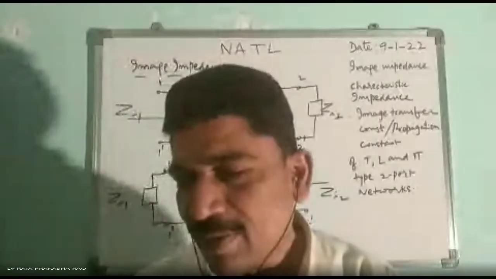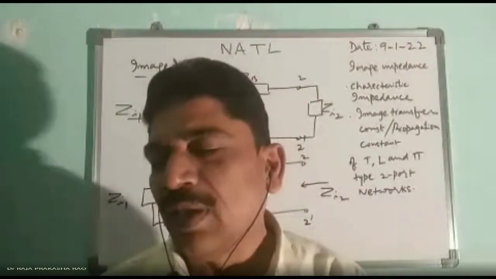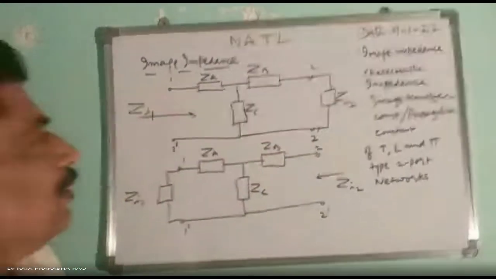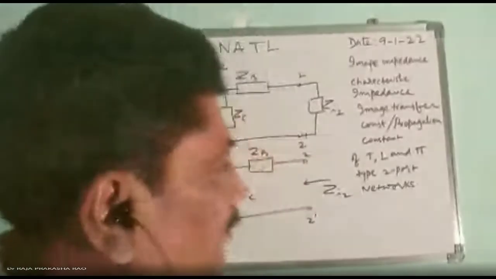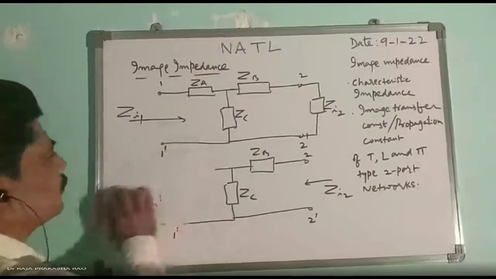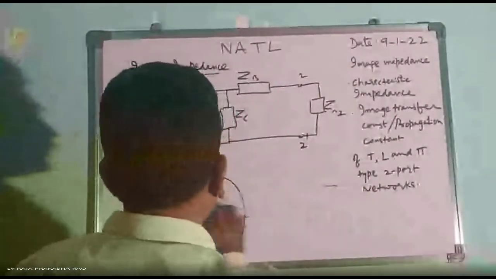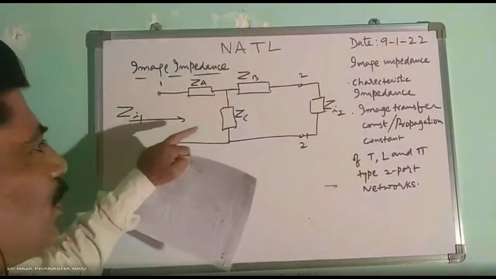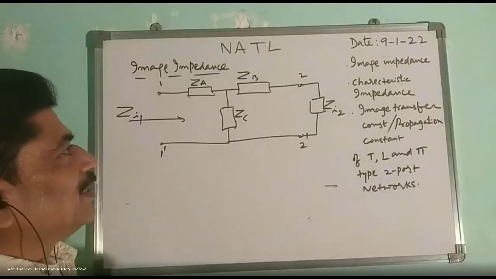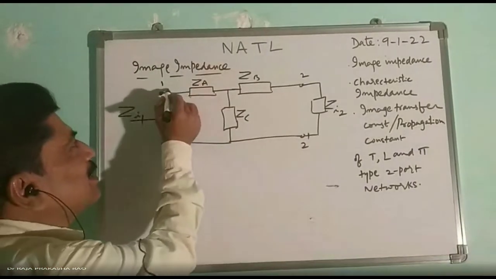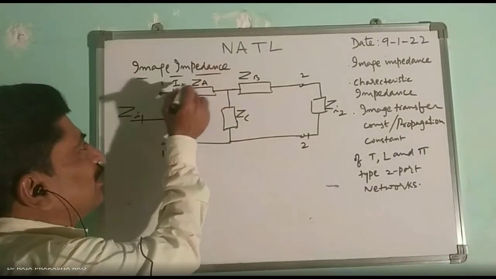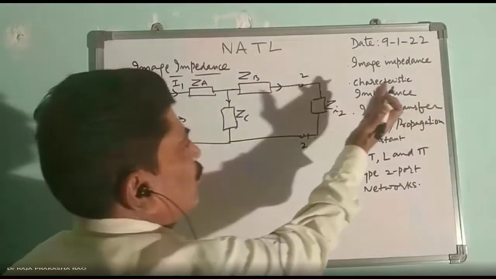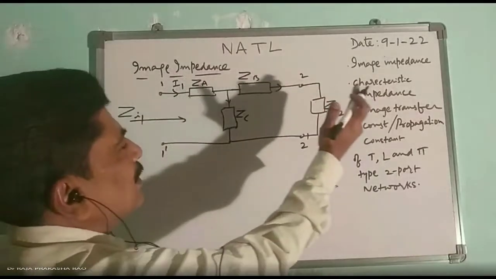How to find ZI1? We are looking at the first port and finding ZI1. Current will be flowing in this direction, and here it is split into two currents. From this end we have to start calculating the impedance.